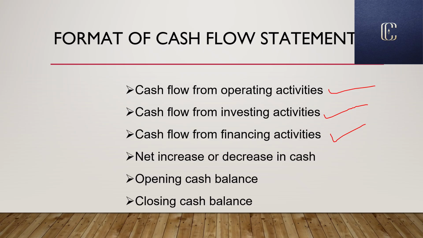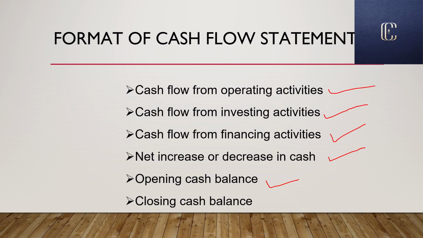The fourth one is the net increase or decrease in cash. After calculating all three sections, operating, investing, and financing, we calculate the net change in the cash. If the result is positive, cash increased. If negative, cash decreased. The fifth one is the opening cash balance. This is the cash available at the beginning of the accounting year.